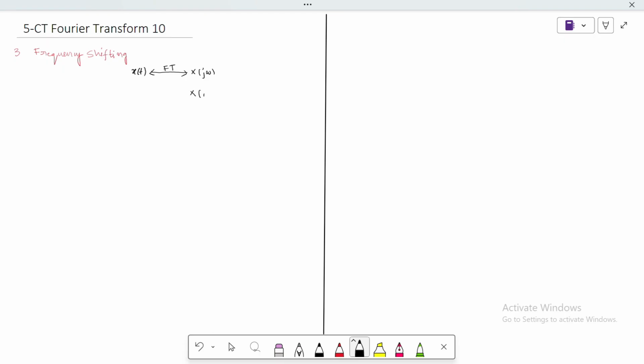Then what is the time domain signal for the shifting in the frequency domain, that is omega naught? What is the corresponding signal in time domain? For this case, I am taking the Fourier transform formula.